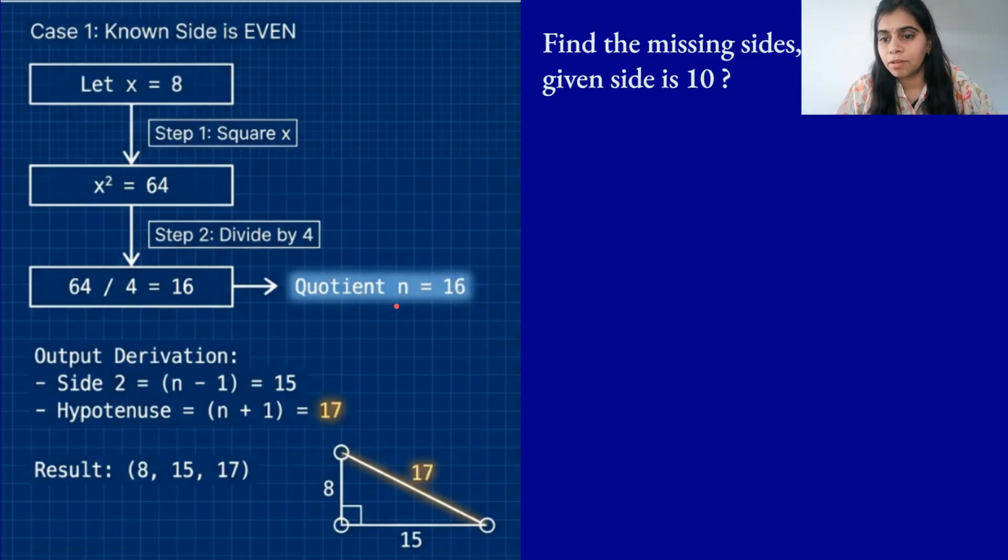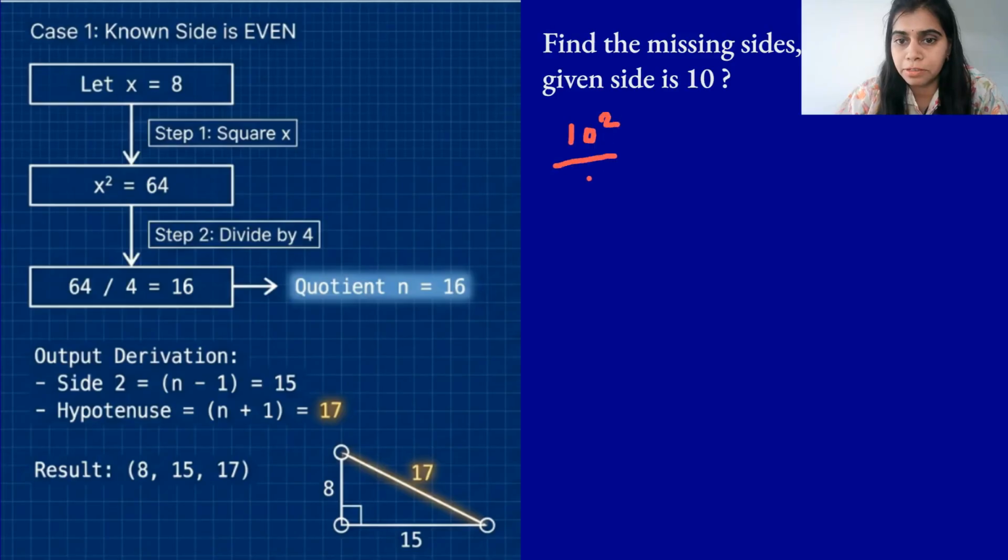Let's have one more example. Find the missing sides if the given side is 10. Here the given side is 10, which is even. So what is the first step? We square the side, 10 squared, and divide this by 4. 10 squared is 100, divided by 4 gives 25.